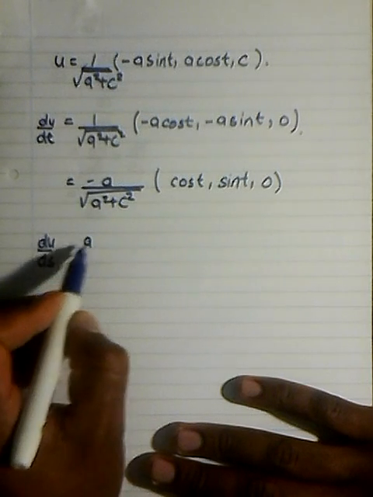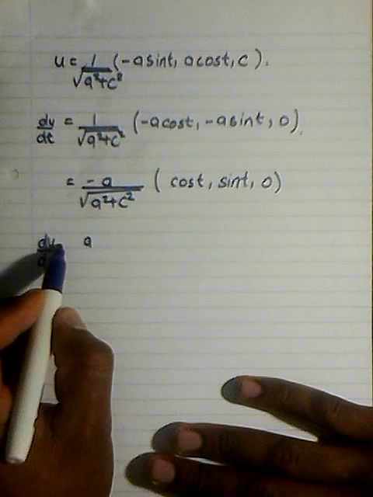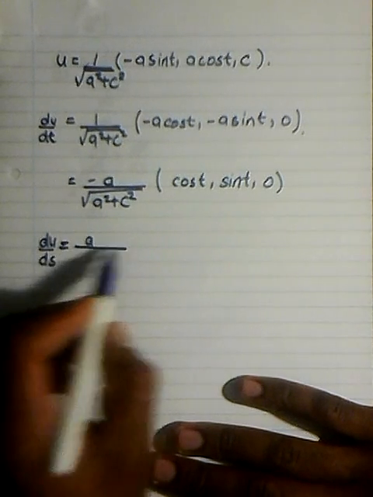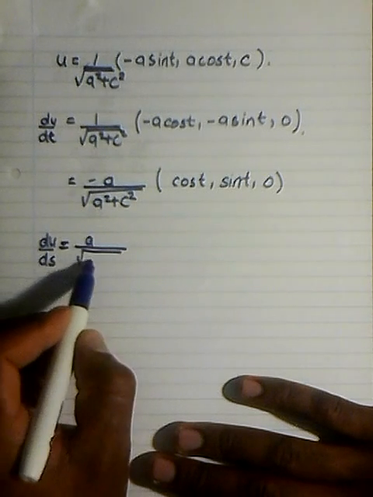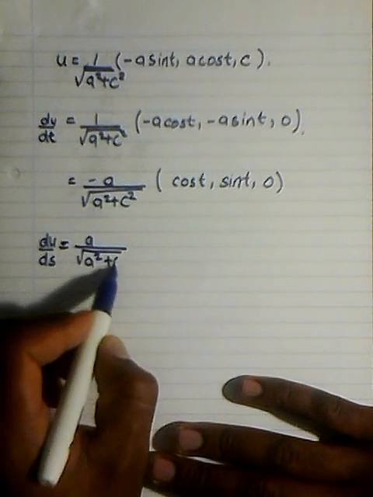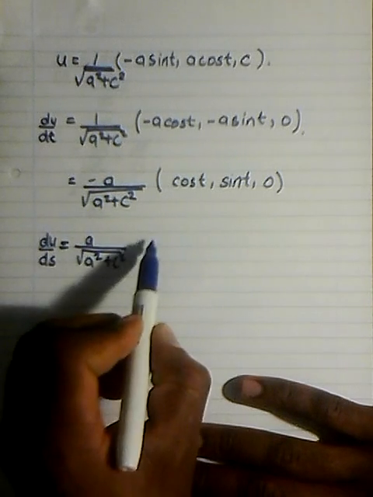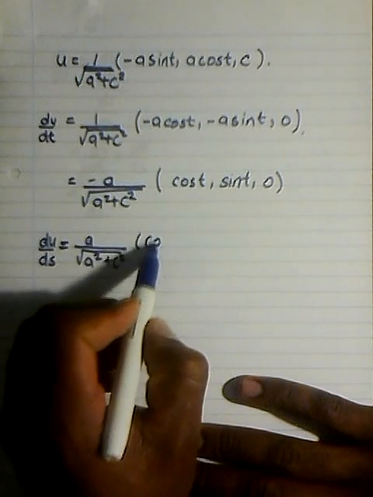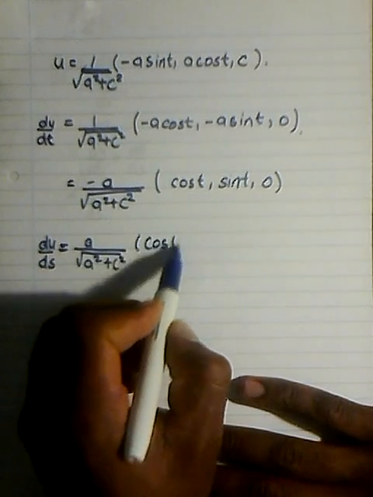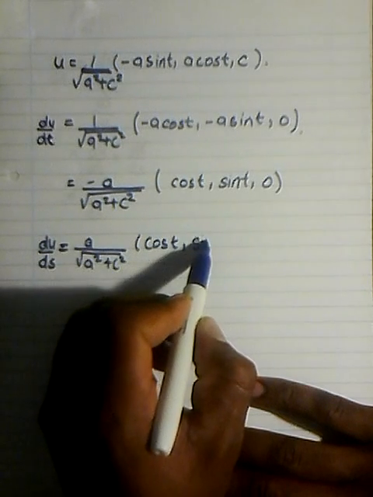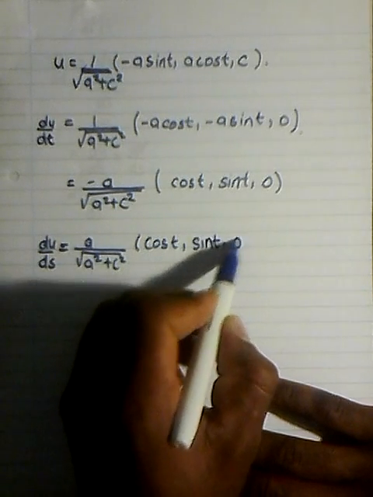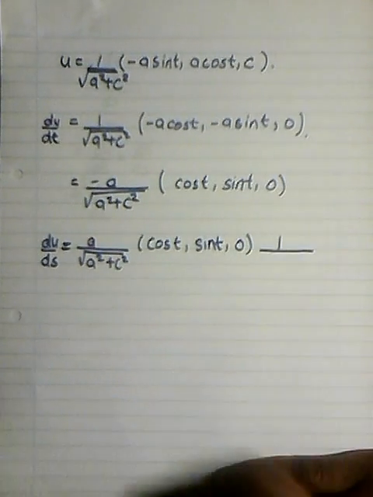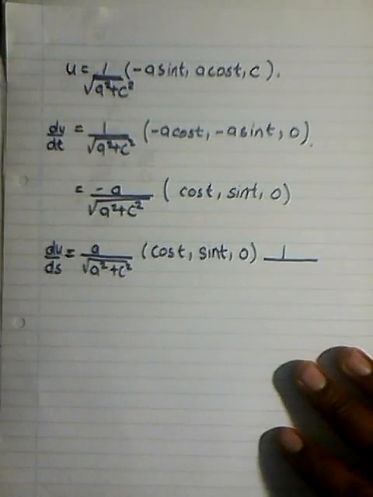So du ds is equal to a over the square root of a squared plus c squared, multiplied by cos t, sine t, 0, and then multiplied by the inverse of ds dt.